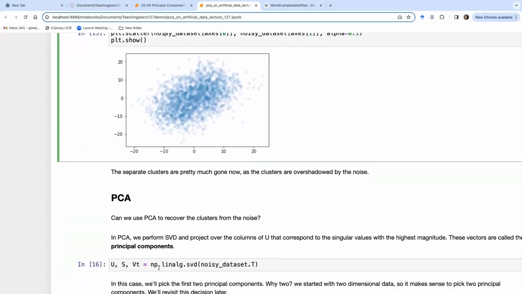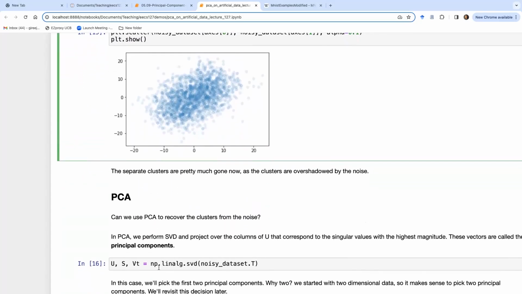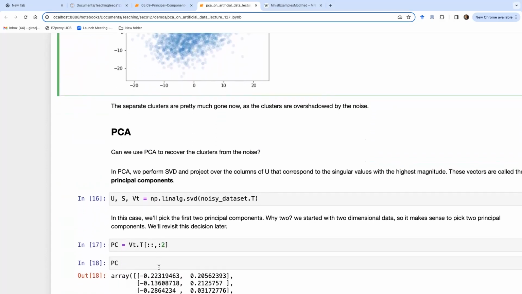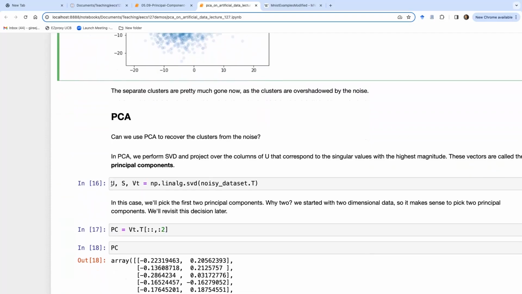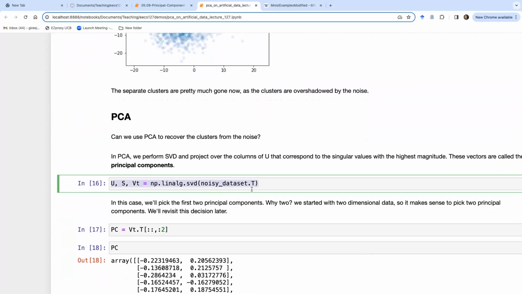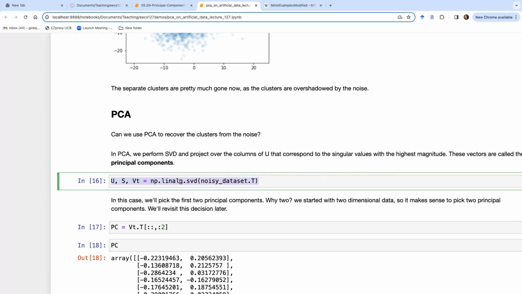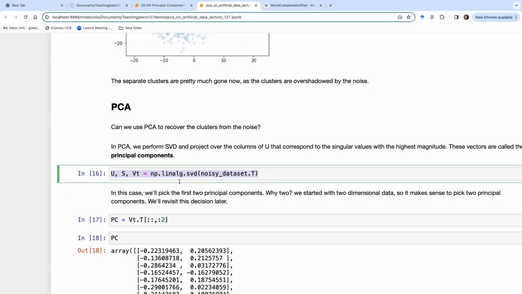Okay, good. So the question is now, can we use principal components analysis to recover the structure from the noise? And so what we're doing here is I'm going to now take the singular value decomposition of this data set, and we will prove shortly why using the singular value decomposition is the right way to do principal components analysis, or is a right way, not necessarily the only right way.